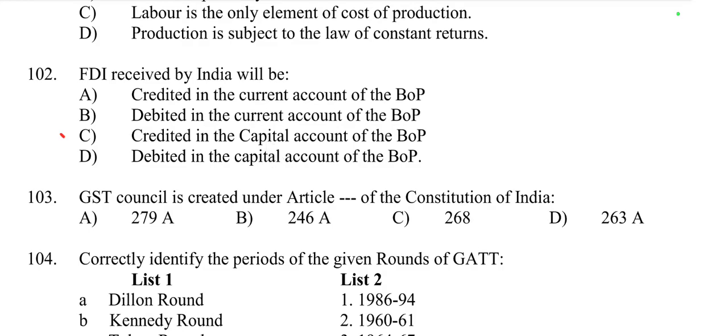So here FDI received by India is credited in the capital account of the balance of payment. The capital account records all transactions related to the movement of capital, including FDI. So when India receives FDI, it is recorded as an inflow in the capital account, which means it is credited. So option C is right here.